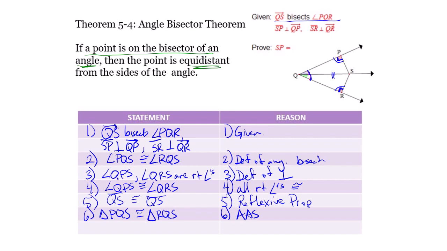Okay, and then now we can say, well, these distances have to be the same, right? This distance and this distance, because of CPCTC. So I can say SP is congruent to SR, and that's by CPCTC.